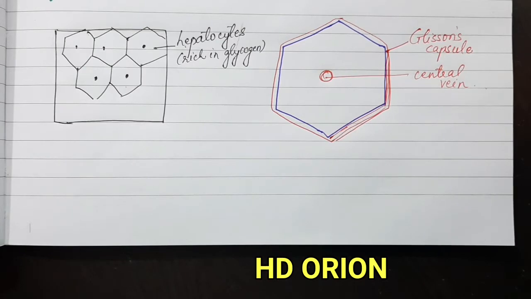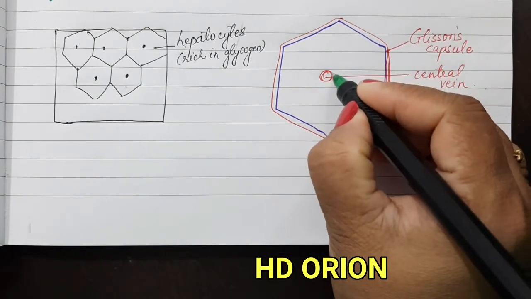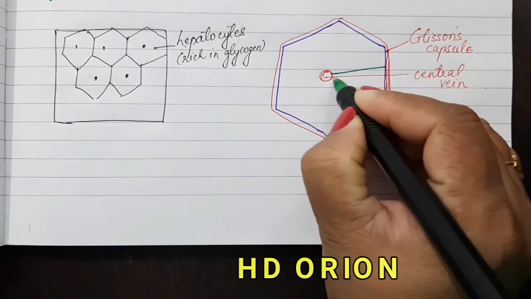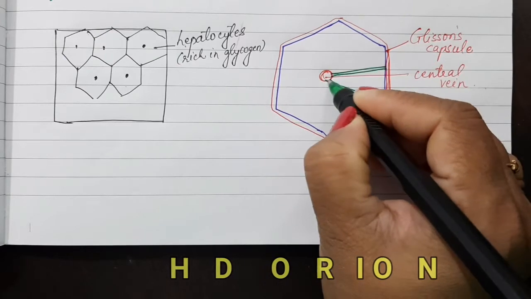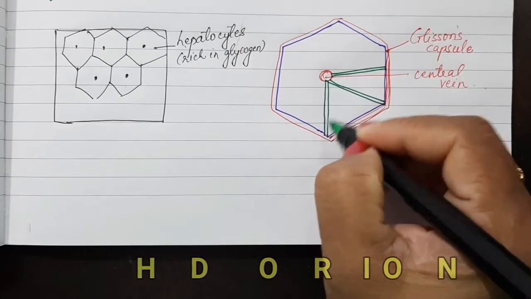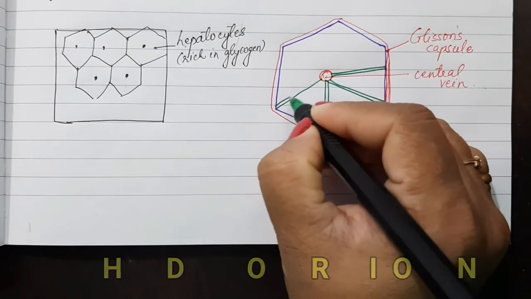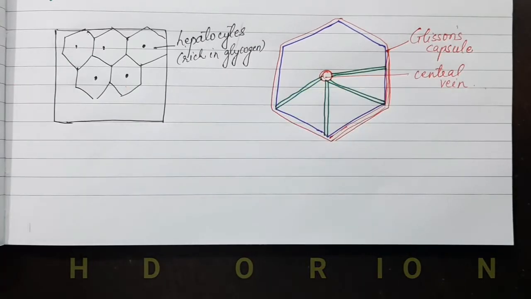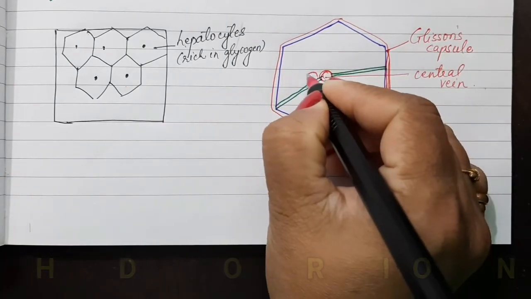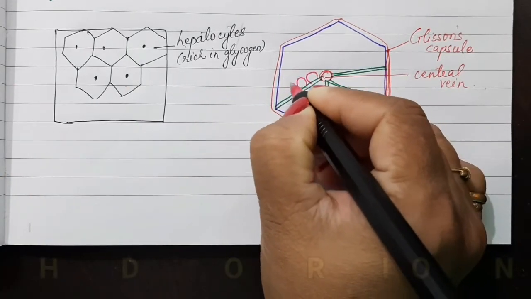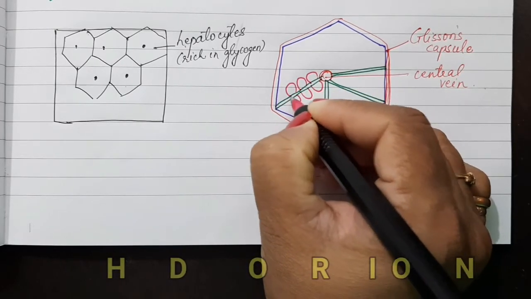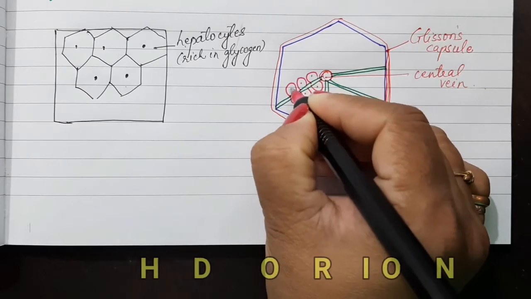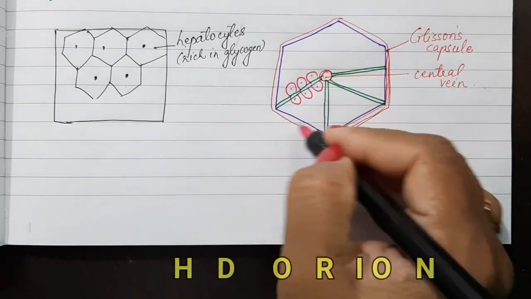Now the real cells are inside, and they are all arranged as hepatic cords. So these are the hepatic cords, and around these hepatic cords the hepatocytes are arranged in this manner. So the real hepatocytes are these which are packed up in this structure.